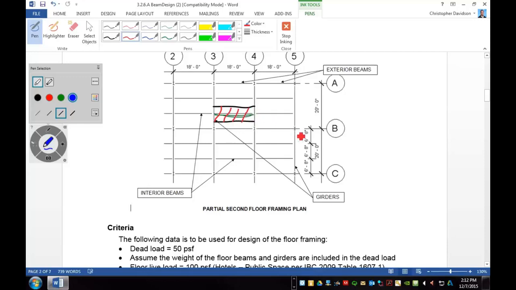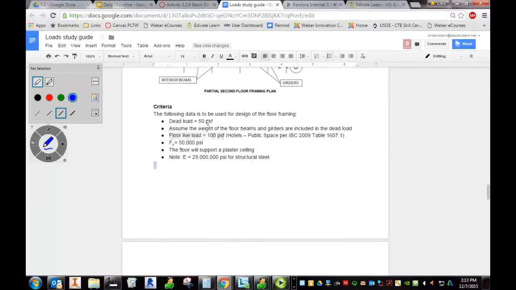So if we look at our measurements from beam to beam, we're 6'8", so that's 3'4" on one side, 3'4" on the other side, which is 6 feet 8. So we have to convert that to a decimal, and then we have to take our criteria. Let me get rid of this. Here we go.